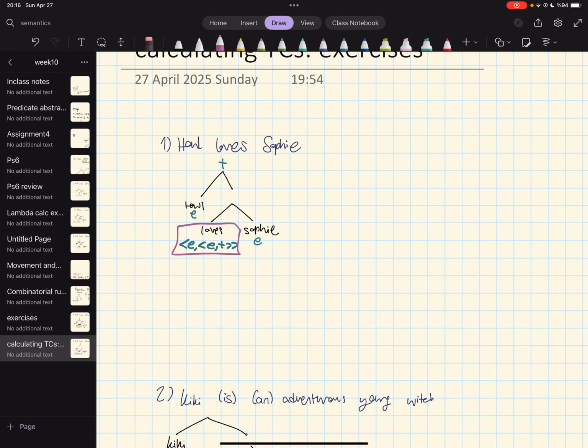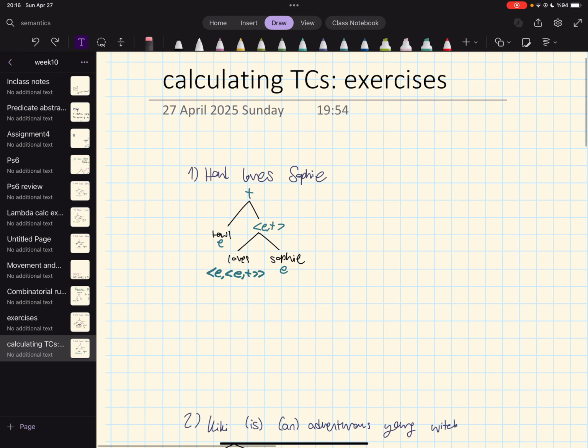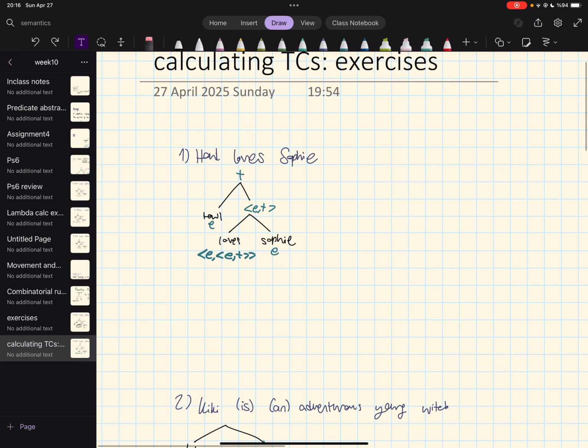Therefore, it takes two arguments, and the first argument it takes is Sophie. It is taking Sophie as input, and it's going to return a function of type ET, which goes over here. And in this part, we take Hall as the argument, because Hall will be taken by this function, by its sister, which will then return a truth value.